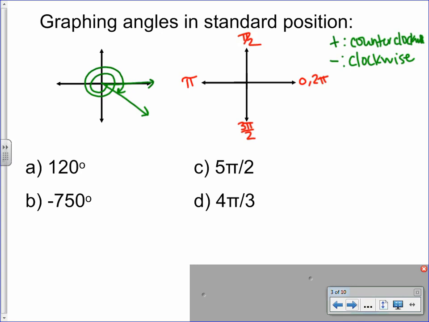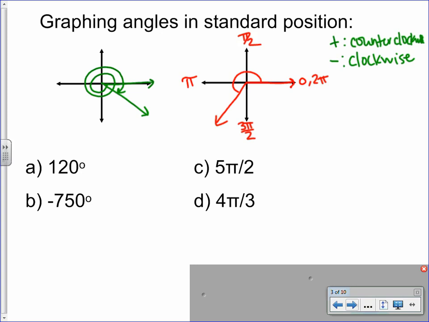So 3 or 4. Is 4/3 pi closer to 1 pi or to 2? Well, and is 4/3 bigger or smaller than 3 halves? Is what we have to ask ourselves. Smaller, so it would be in quadrant 3. Excellent. So there's 4 pi over 3.